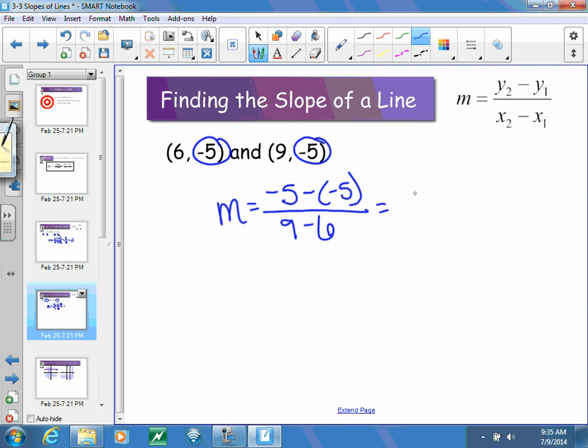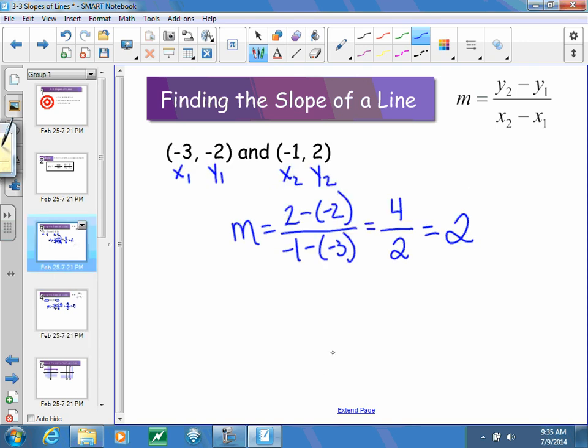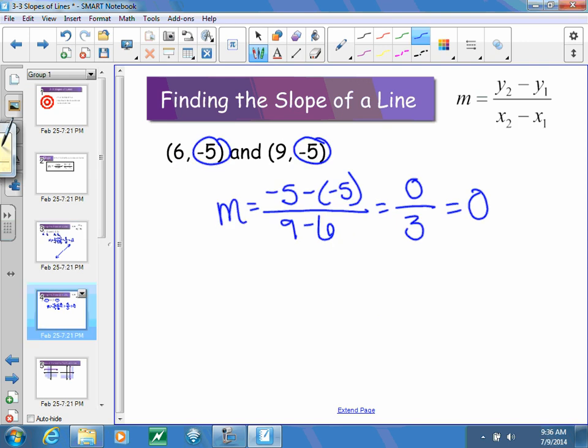Up on top here, I end up with 0, divided by 9 minus 6 is 3, and 0 divided by 3 is 0. So when you have a slope of a line, and that slope is positive, this means that my graph would have a line that is increasing from left to right. And here, if I have a slope of 0, what this is telling me is I do not have a slope. I have a perfect horizontal line.